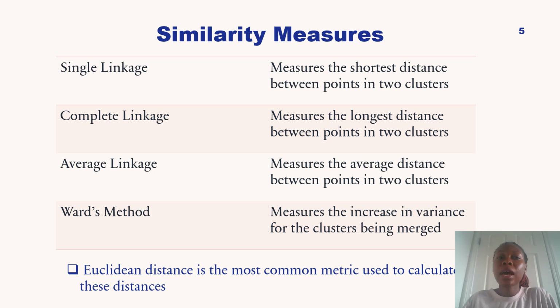Then we have the average linkage, which measures the average distance between points in two clusters. Lastly, we have the Ward's method, and it measures the increase in variance for the clusters being merged. The Euclidean distance is the most common metric used to calculate these similarity measures. However, other metrics such as the Manhattan distance are also used sometimes.